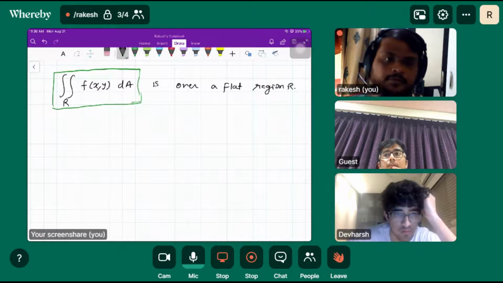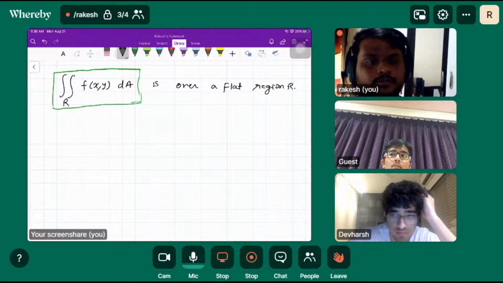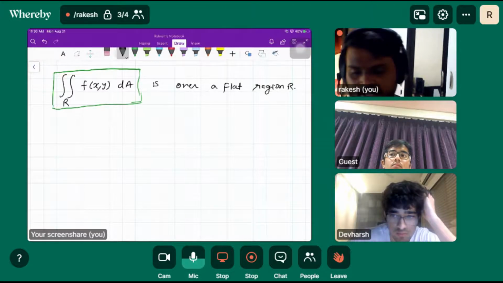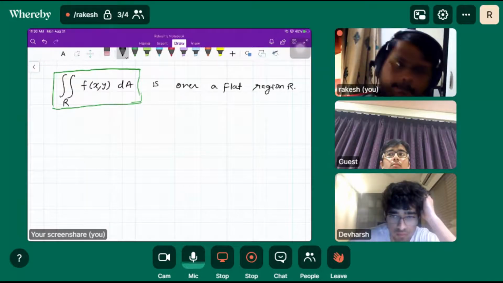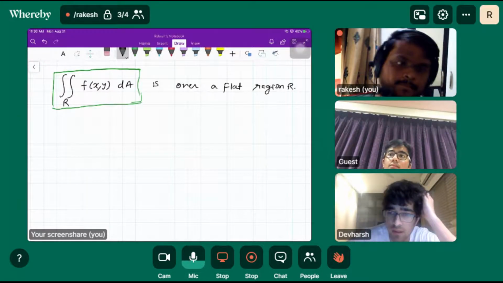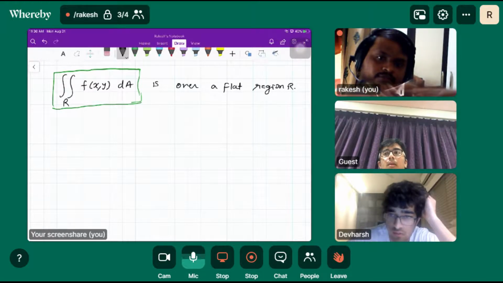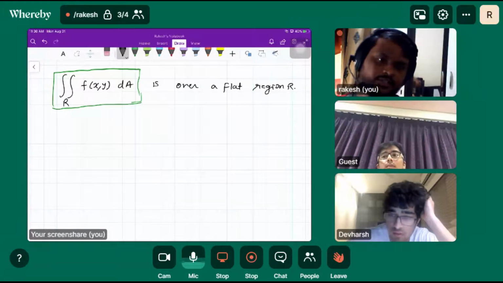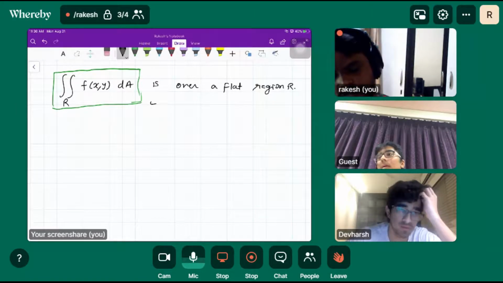This is volume. If suppose f of x comma y is a mass density function, then this gives the total mass of the plate, the mass of R, a thin plate, a disk.